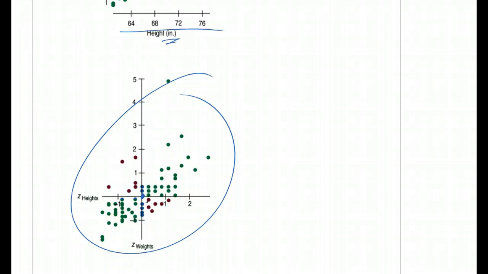All the green points here support a positive correlation. That's because if you look at this point here, the Z score for the heights would be, I don't know, 2, and the Z score for the weights would be, I don't know, 1.8.